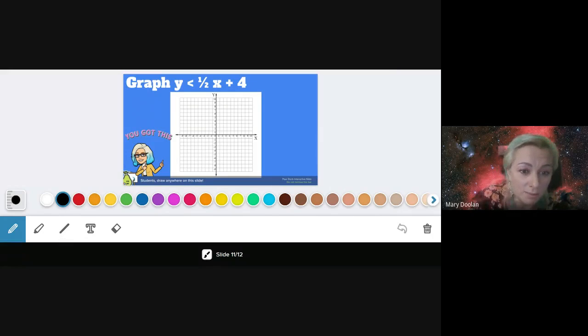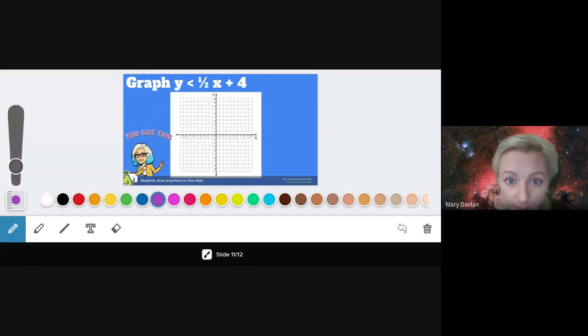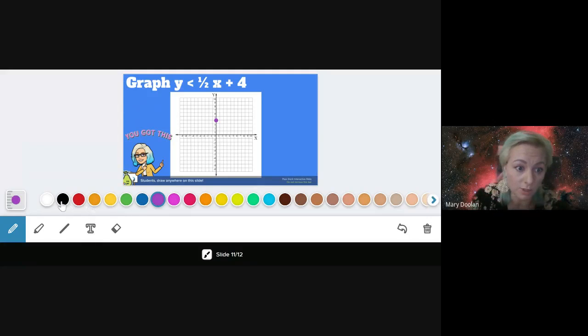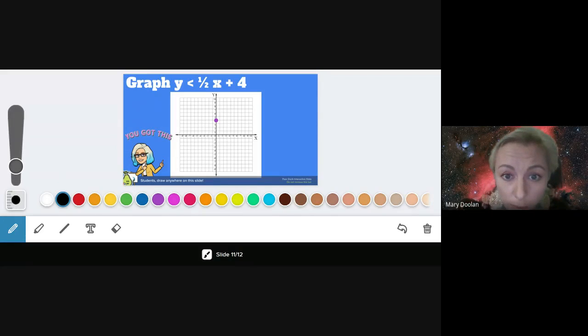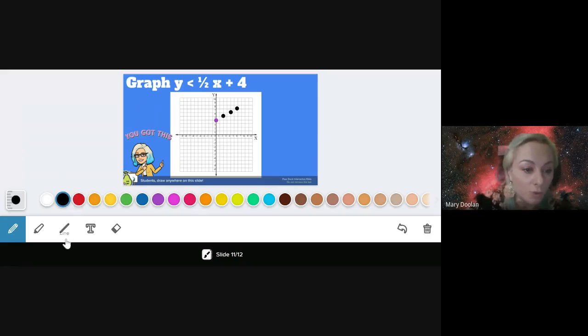I'm going to start by plotting +4 right here, and then I'm going to use the slope to plot more points, up 1 over 2, up 1 over 2, up 1 over 2. Once you have enough points, you then create a line.